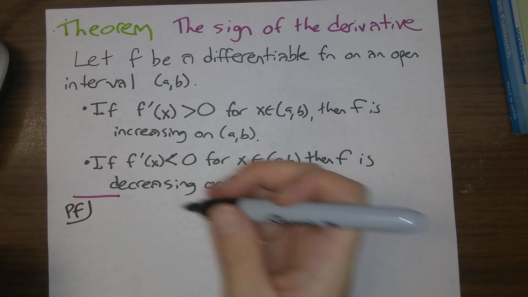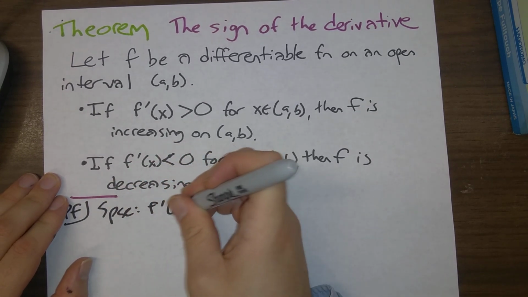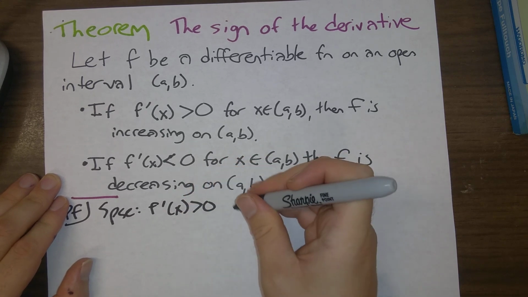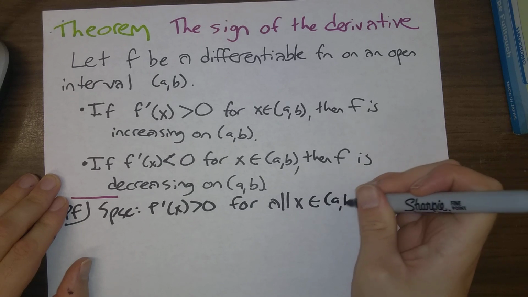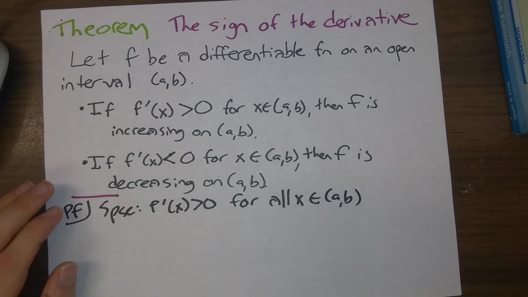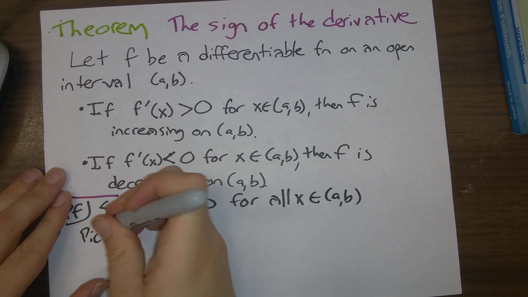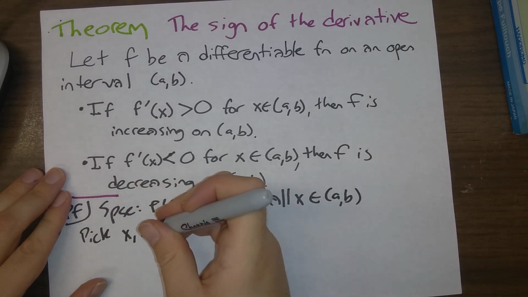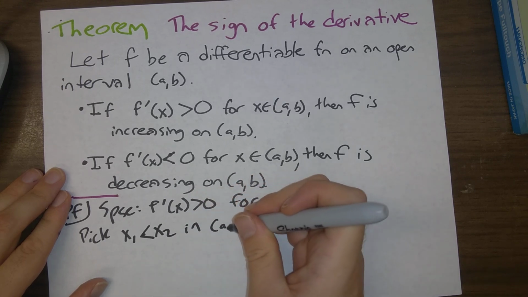So let's suppose that f prime of x is positive for all x in the interval a to b. What does the mean value theorem tell us? Let us pick 2 points x1 and x2 in our interval a to b.